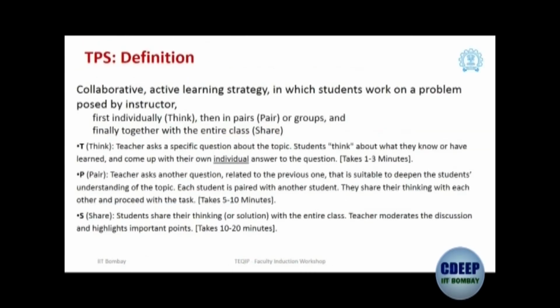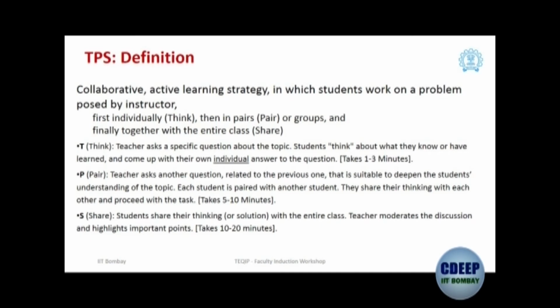All these slides are available on my web page, so I'm not going to read out the definition. Essentially, first you make the student think individually, then they work in pairs, and finally they share their answers with the entire class. Let me put up all these 3 points.